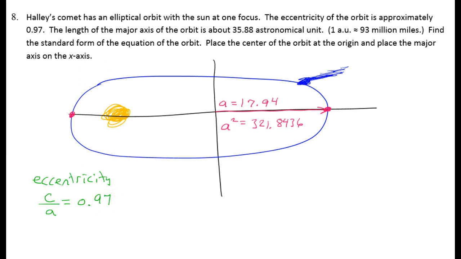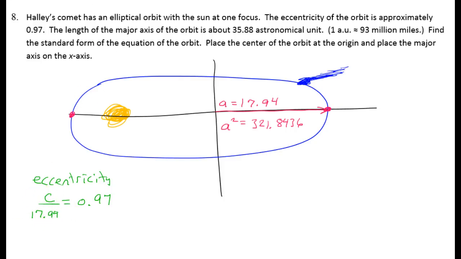However, I know the A value. As we discussed, the A value is 17.94. I'm sorry, I'm getting hypnotized by the 0.97. So C over 17.94 is equal to 0.97.